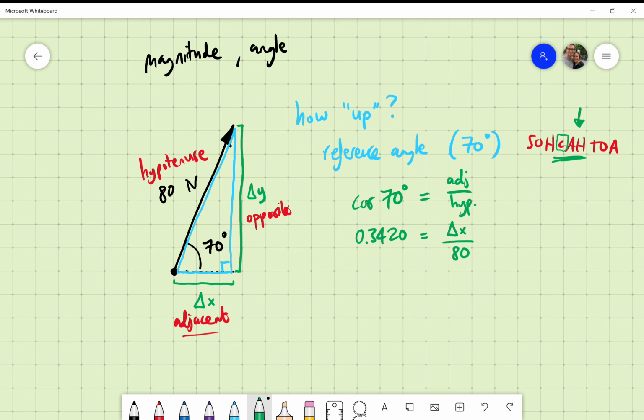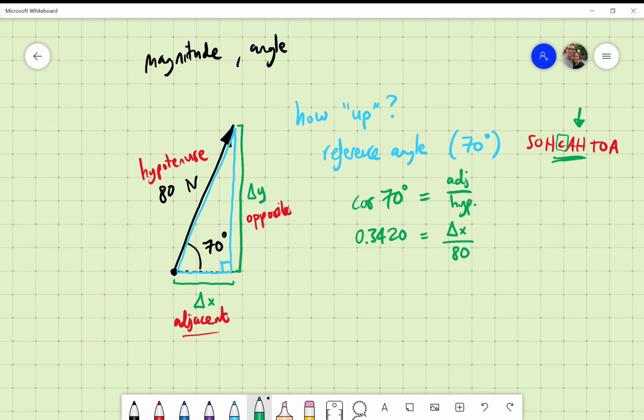So I have this equation now: 0.3420 equals delta x over 80. Now, delta x, by the way, think of that as just one thing. Delta x is a thing, just like the letter y, or the letter t, or the number 30 in an equation.